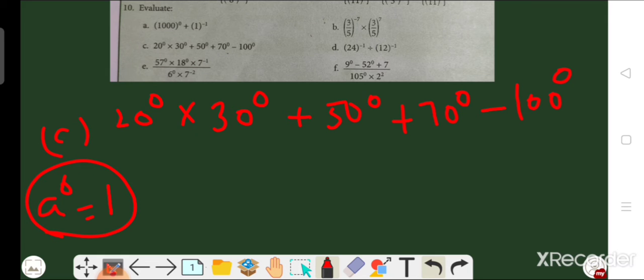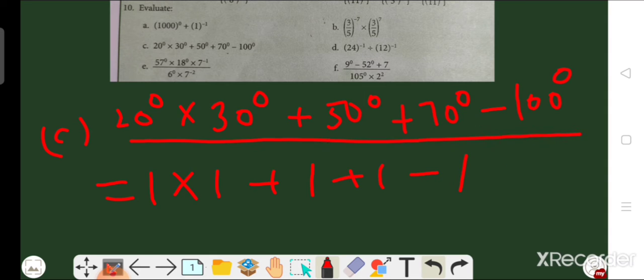By using this property we can write the given expression as 1 multiplied by 1 plus 1 minus 1, because all are raised to the power 0. So this is equal to 1 plus 1 plus minus 1. From here this is equal to 2. 3 minus 1 is equal to 2. So the answer of C part is 2. This is the solution of your C part.